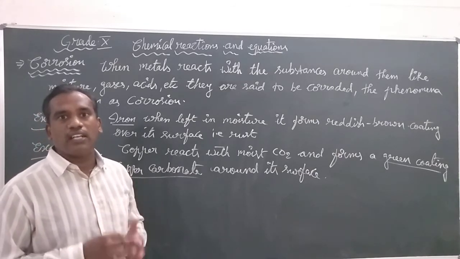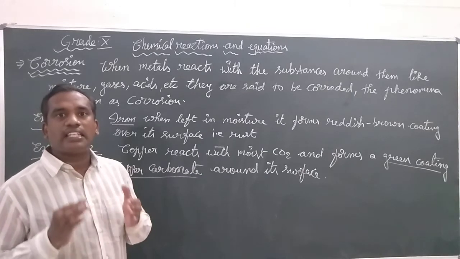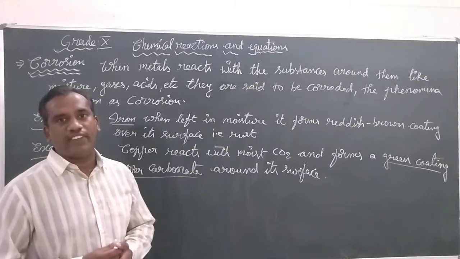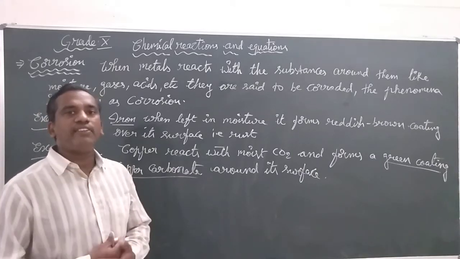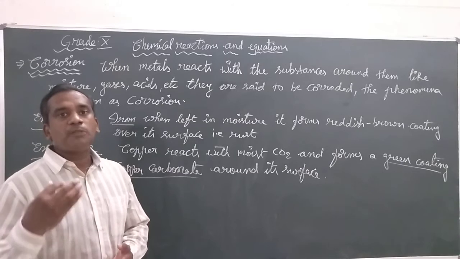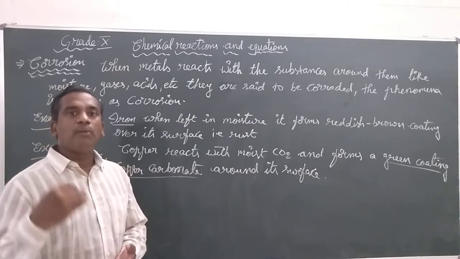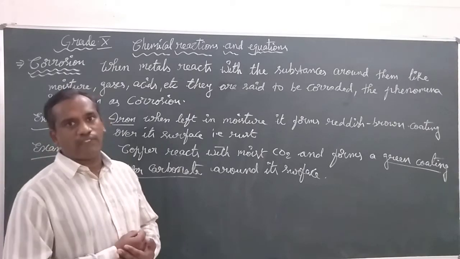The metallic silver left in air develops a black coating because it is reacting with the sulfide present in the atmospheric air to form the black-colored silver sulfide.